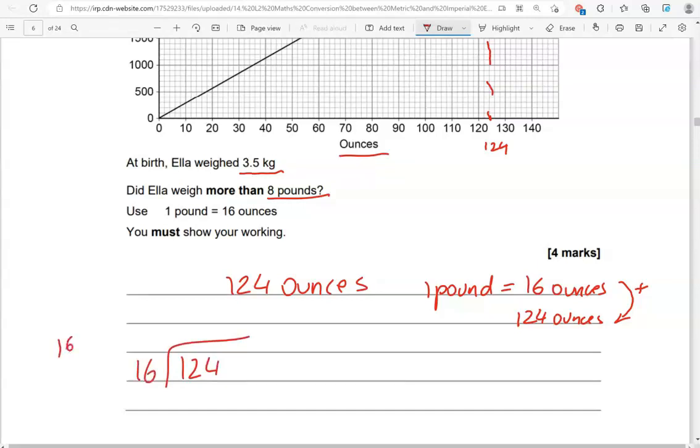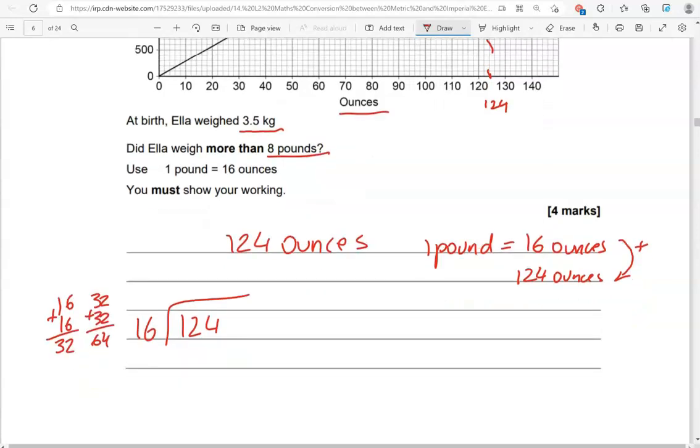So 16 and 16, that gives us 32. 32 and 32 gives us 64. If we add 64 and 64, that gives us 128, which is higher than 124, so we've got to go a step back.